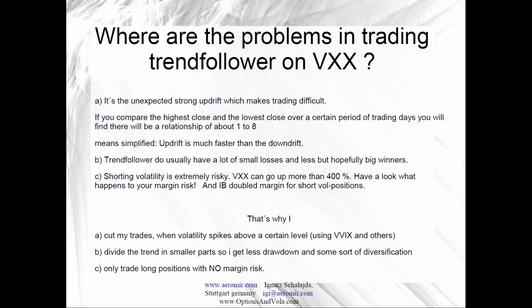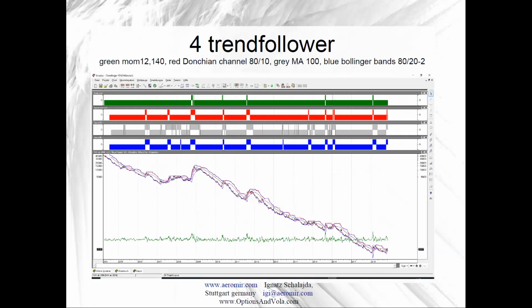Another thing, trend followers usually have a lot of small losses and fewer, but hopefully big winners. But here you have a built-in drift. You really have a built-in drift all the time over a period of now more than 15 years.